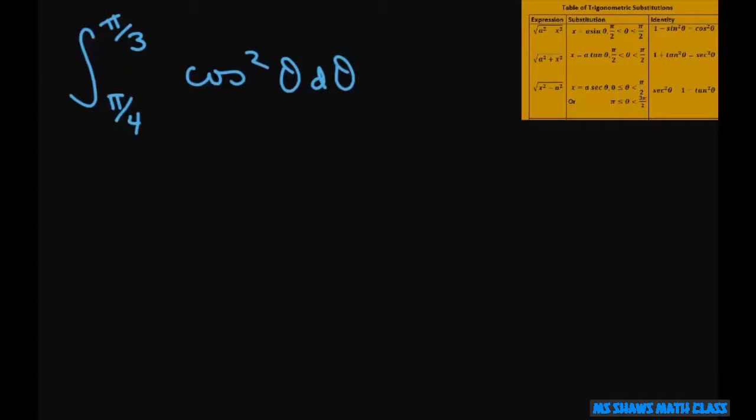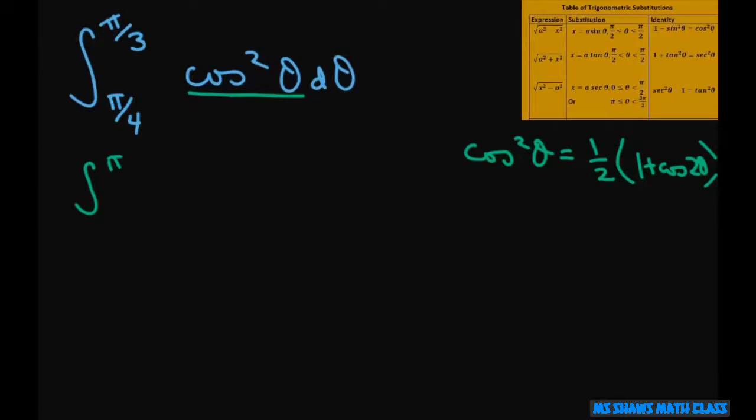Now, I'm going to use my half angles for this. So note that cosine squared of theta, the half angle, is 1/2 times 1 plus cosine 2 theta. So I'm going to substitute again and write this as 1/2 times 1 plus cosine 2 theta d theta.